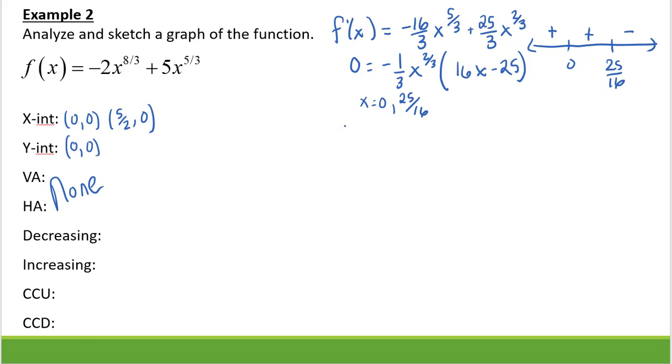So now finding your second derivative. Again, bringing down, I get negative 80 over 9 x to the 2/3 plus 50 over 9 x to the 1/3.